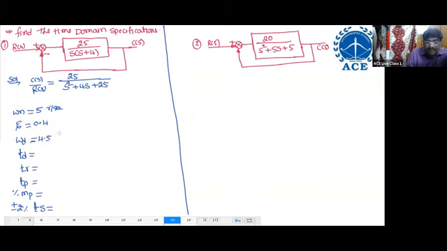TD is 0.256 seconds. TR is 0.44 seconds.